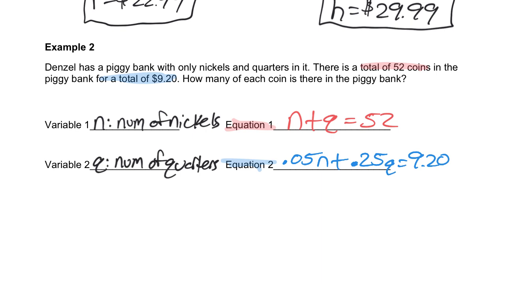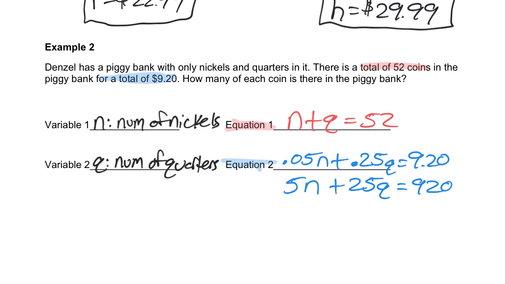Now there is a little trick here to make numbers a little bit easier. When you're dealing with the coins, you can get rid of the decimals. So instead of saying 0.05, you can say 5n plus 25q. But for the total, instead of 9.20, you're just going to say 920. And it makes it a little easier not having decimals now.